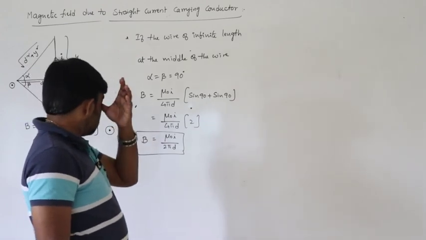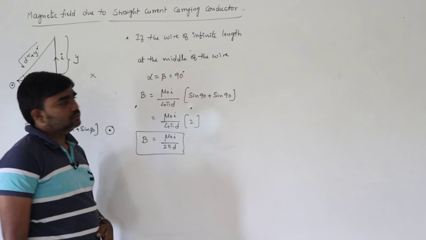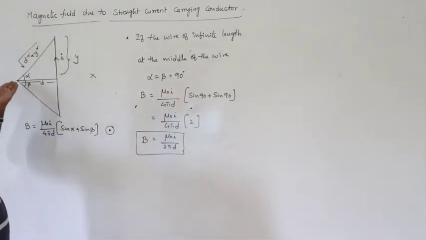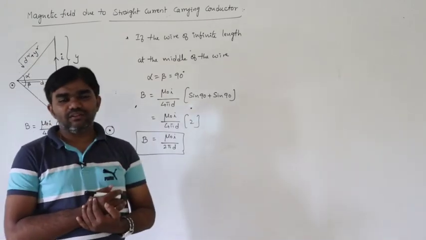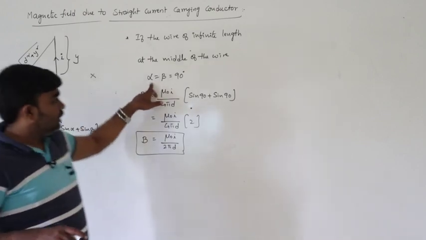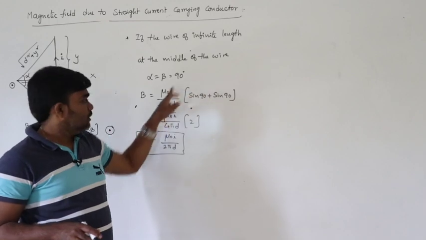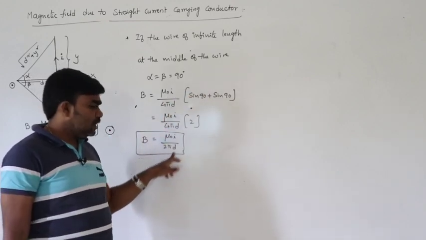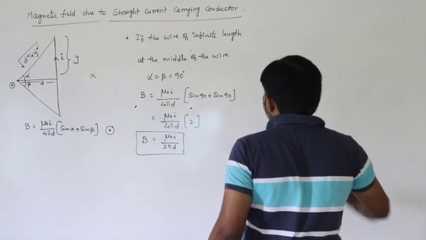This is the situation when the wire is of infinite length, at the middle. Middle means, what is the middle of the infinite length? That is not possible. So generally in that situation we consider alpha equals beta equals 90, and the magnetic field can be written as mu naught I by 2 pi d.